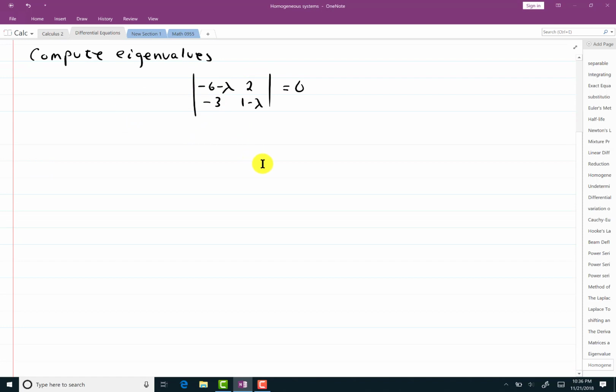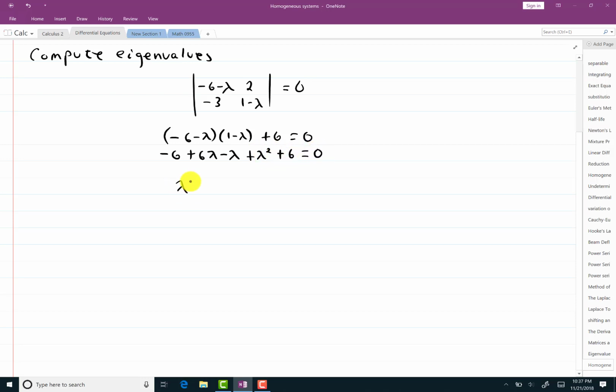So I'll have negative 6 minus lambda times 1 minus lambda plus 6 equals 0. Let me multiply this out. I'll have negative 6 plus 6 lambda minus lambda plus lambda squared plus 6.